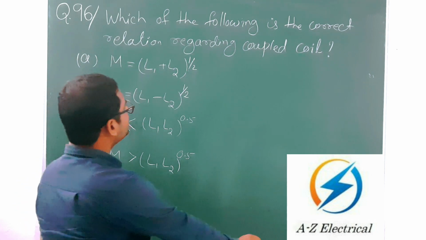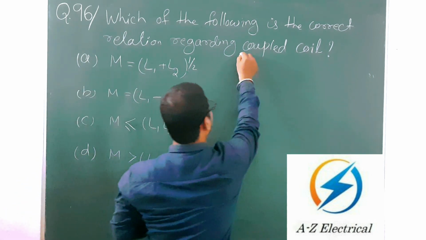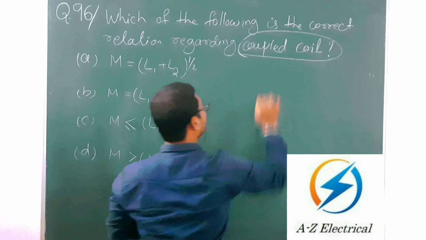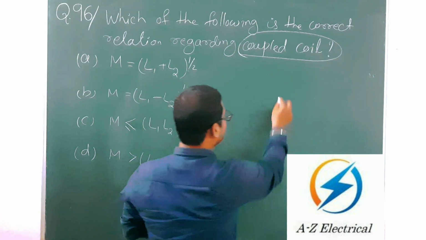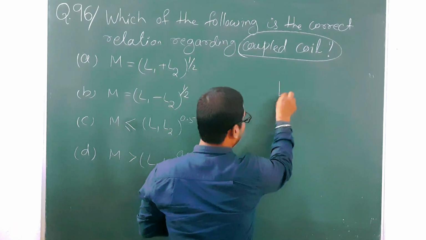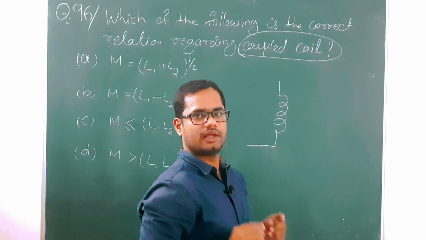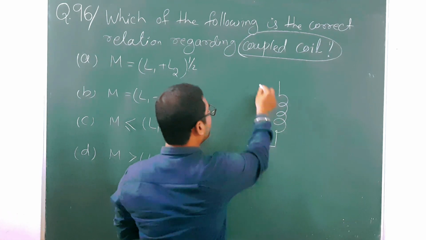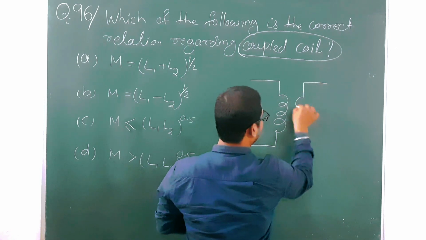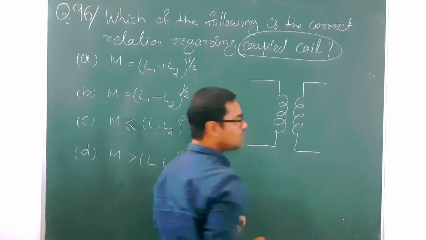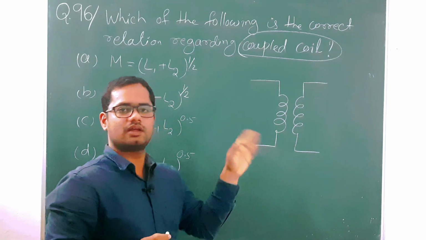Which of the following is the correct relation regarding coupled coil? So here the relations are related to coupled coil. So what is a coupled coil? If I have two coils nearer to each other, and those two coils are placed in such a way that their flux will link each coil.